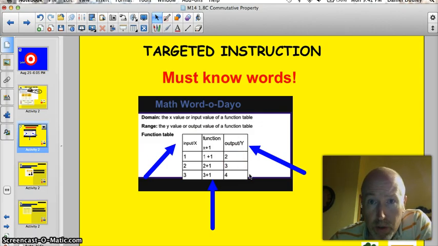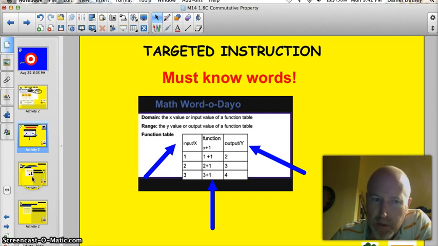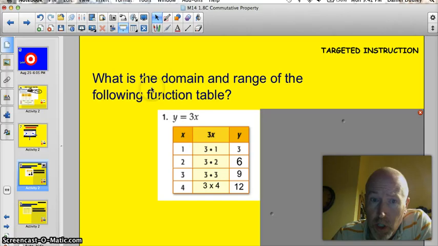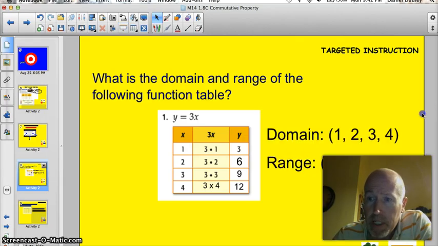Today, all we need to do is identify what's the domain and what's the range. So if you think you're a little confused now, just stay with me because I'm going to make it very simple in the next slide. So what is the domain and range of this function table? We've got all these numbers here, but all we're interested in is the domain and the range. And the way you express those is by listing a set of values.